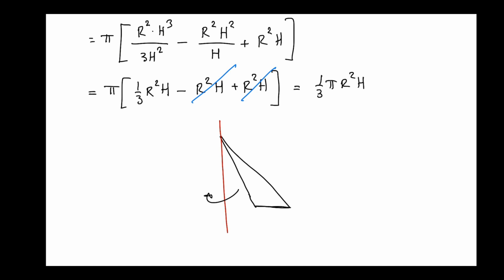Then when I draw a slice, it's like a washer because it's a circular piece, but there's a hole in the middle, and I would have to think about how big that hole is.